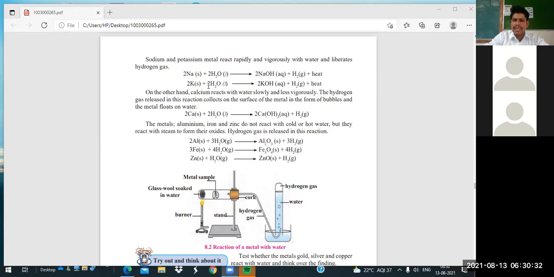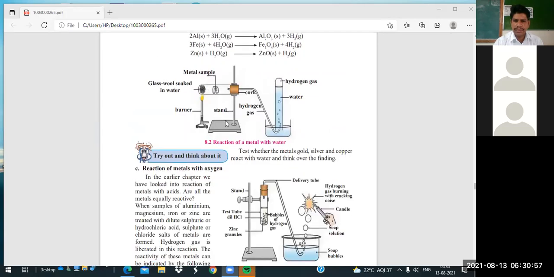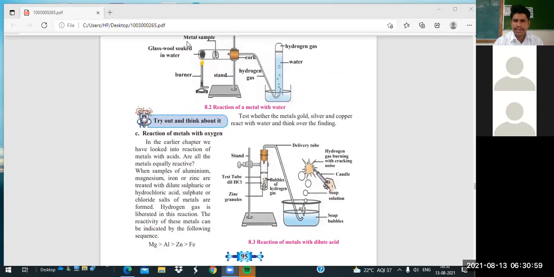Fe means iron, and Fe is from the Latin word ferrum. When iron reacts with water, what will it give? Can you tell me? Fe3O4, ferric oxide. And when zinc reacts with water, it gives zinc oxide and releases hydrogen gas. You getting it? Yes or no? Yes, sir.